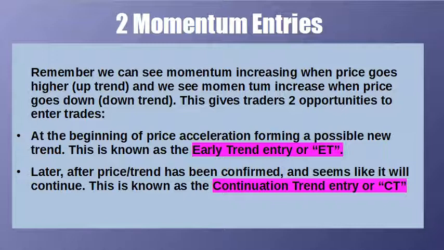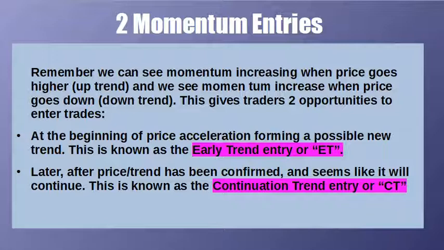Now, later, after price has come down and it looks like we're continuing a downtrend, price usually retraces just a bit and then starts falling again. This type of entry is a continuation trend entry, or the CT for continuation trend.